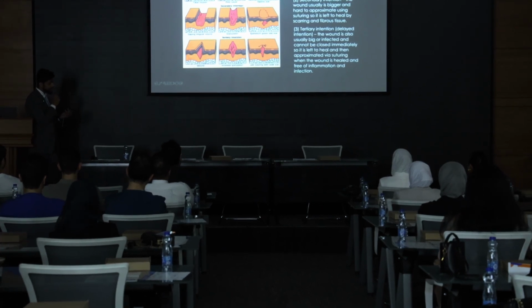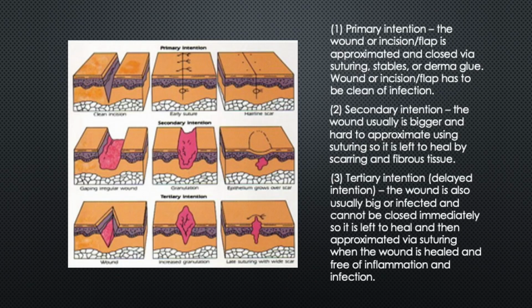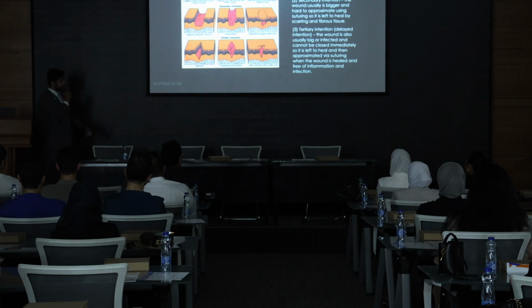Secondary intention is usually whenever the wound or laceration is huge or big, we cannot approximate the tissues. So we leave it to heal by scarring and fibrosis. Tertiary intention, it's also whenever the wound is big, we let the area heal a little bit, and then we try to approximate it whenever it's feasible.